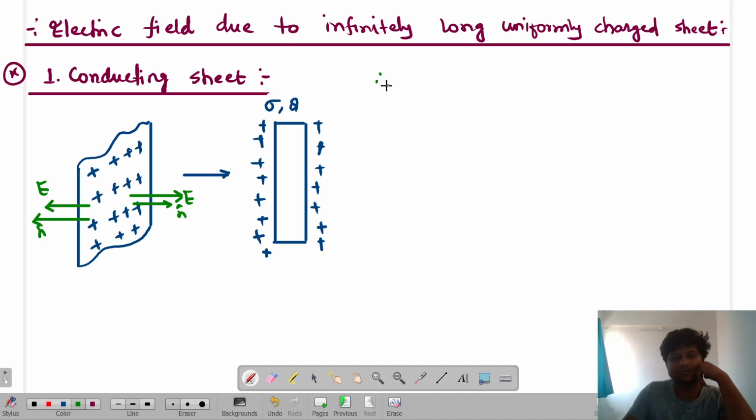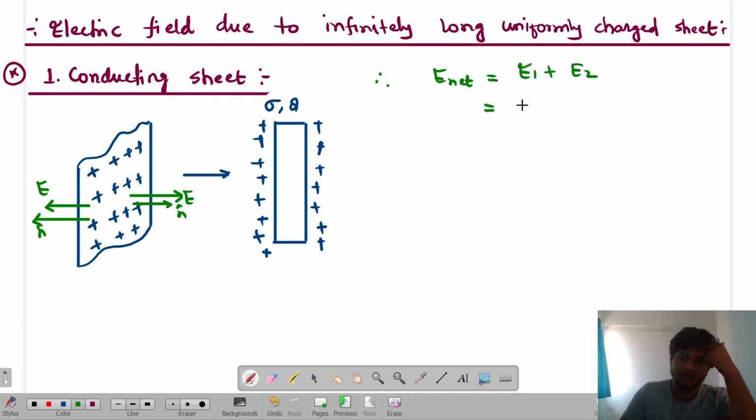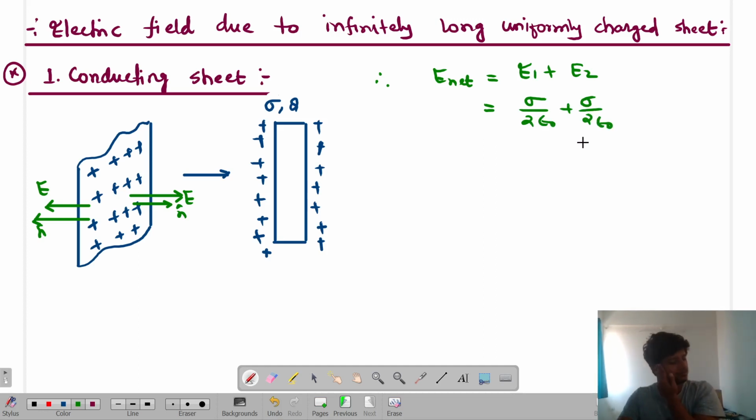So then E net is how much? Because they are making 0 degrees, it will be E1 plus E2, and E1 will be sigma by 2 epsilon naught plus sigma by 2 epsilon naught. Are you able to get me? So basically this gives me sigma by epsilon naught. Is that clear?